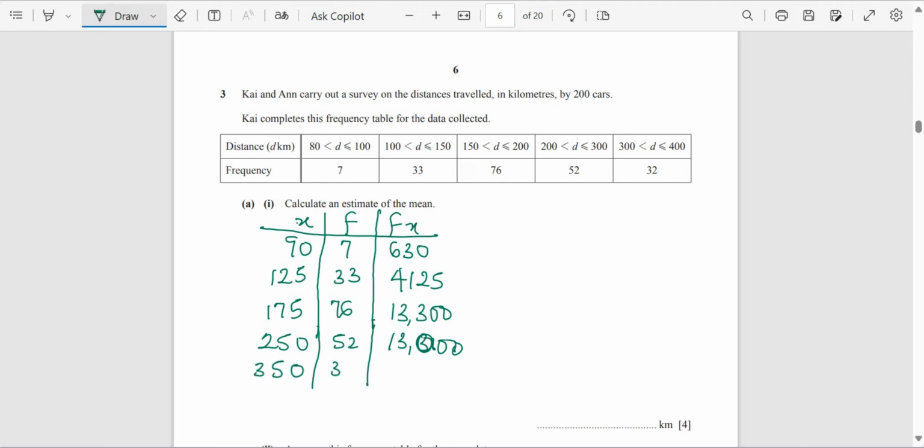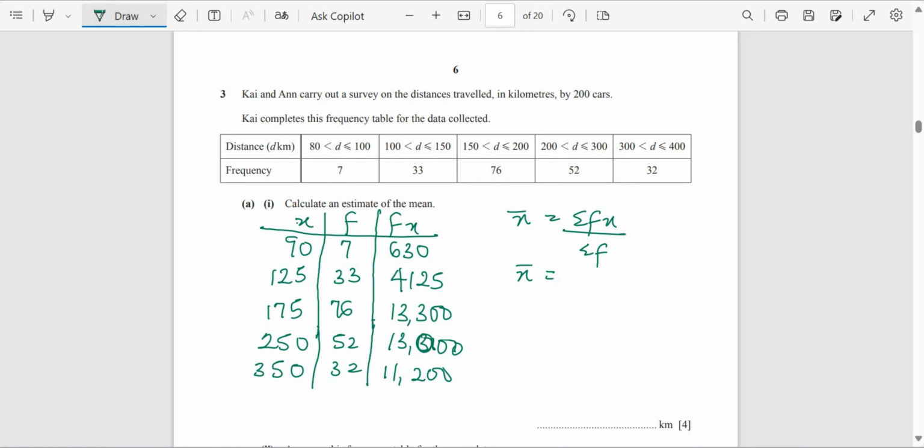The frequency is 32. So when you multiply that, we have 11,200. So remember, our mean is summation fx over summation f. So we're going to add up all of the numbers we have there.